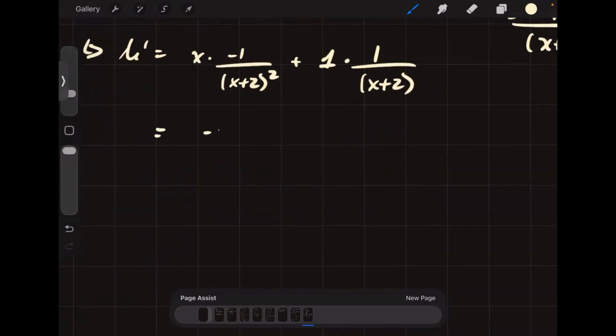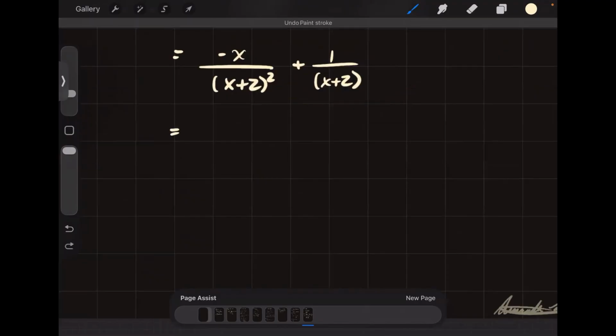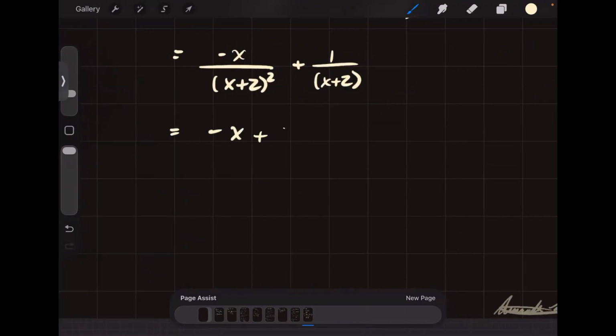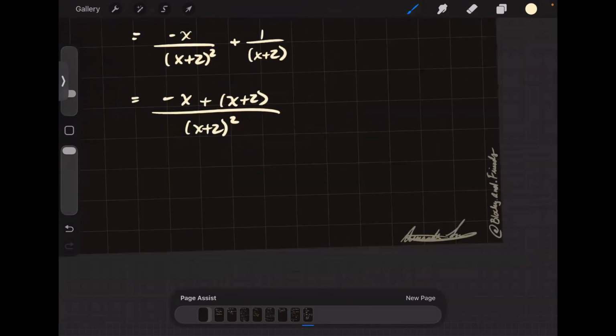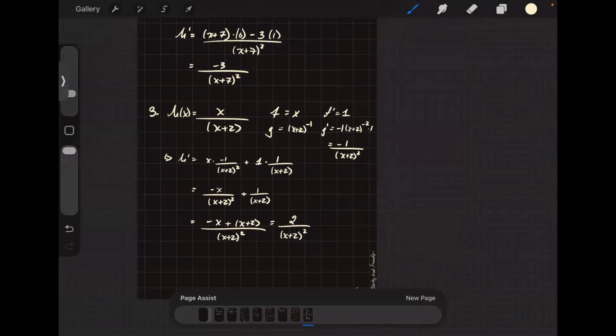Simplify that, which gives you negative x over x plus 2 squared plus 1 over x plus 2. Combine like terms by giving it a common denominator. It's going to be negative x plus 2 all over x plus 2 squared, which should give you 2 over x plus 2 squared.